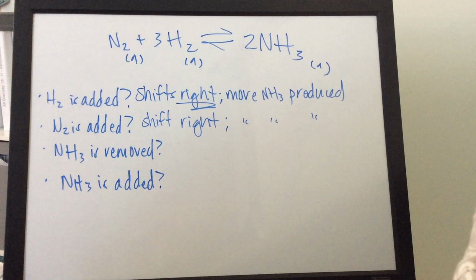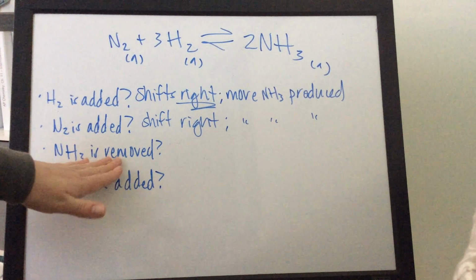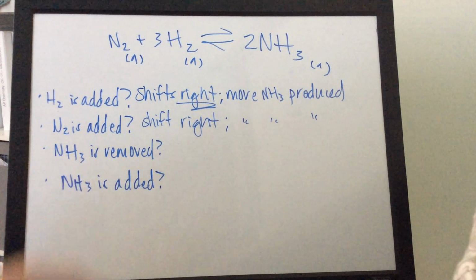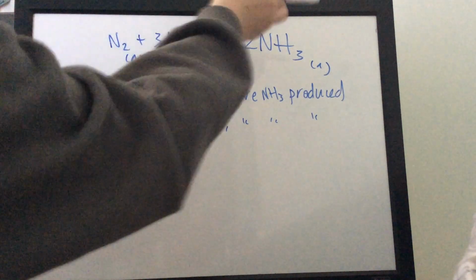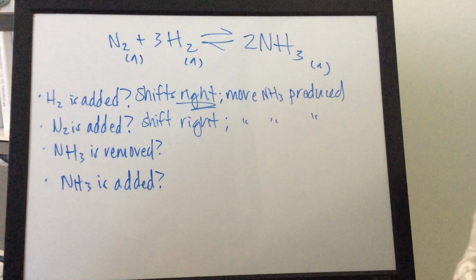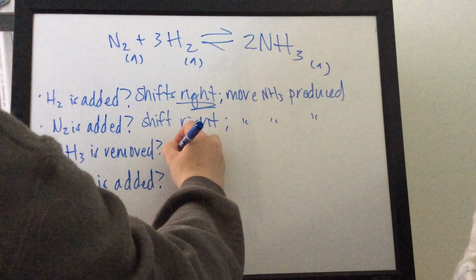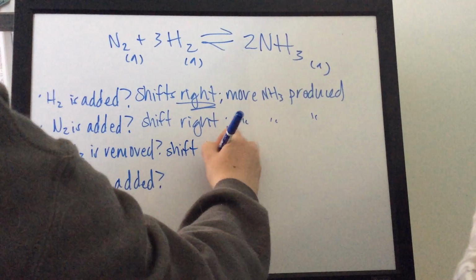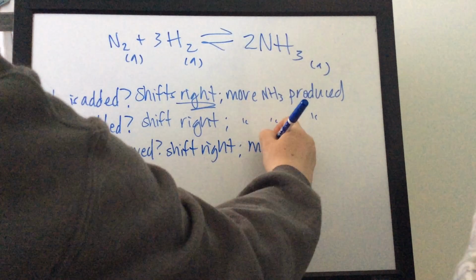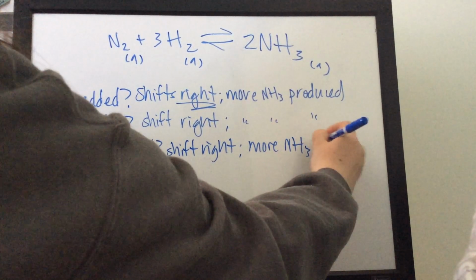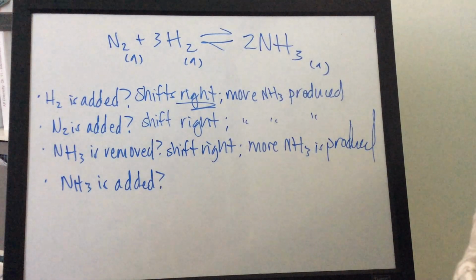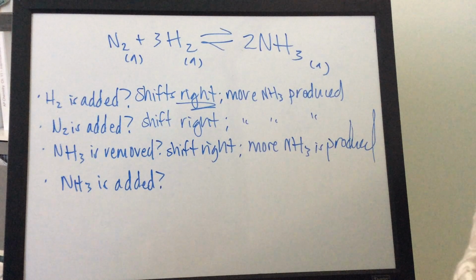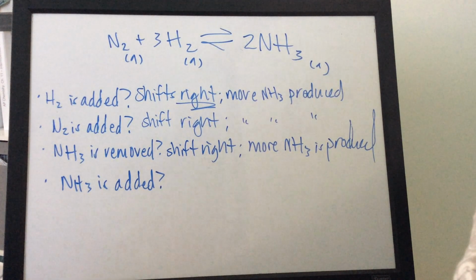I want to create more to offset this stress, which means, again, my reaction is going to shift to the right to produce more NH3. So it's also going to shift right. More NH3, same reason. It's kind of the same reason in all of these, but we're just talking about it from a left-right discussion of what's really happening.